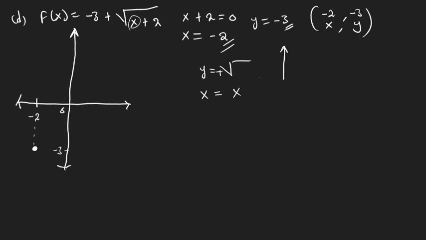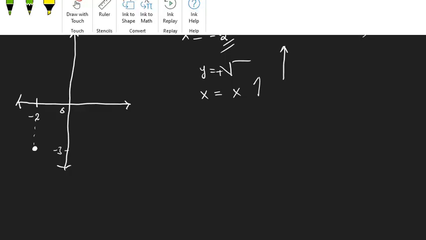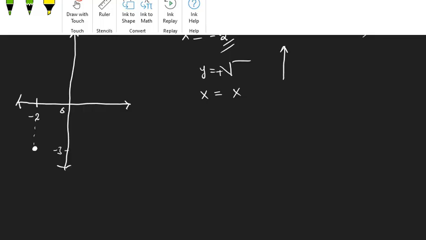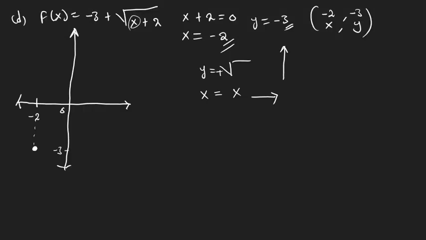So I expect it to be moving in the positive x-axis. So it should be moving in this direction. So if that is my point, in the y, I should be moving upward, but in the x, I should be moving in the positive direction. So my graph is going to come out like this. Henceforth, it is this particular graph.